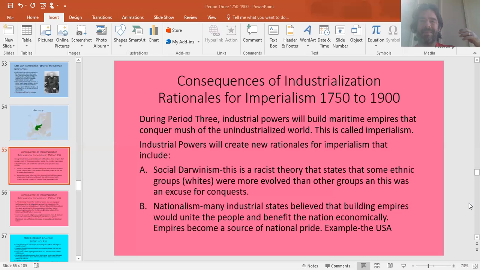So sometimes they built colonies for no real good economic reason, just to be able to say, hey, look at us too. Look at the map. Hey, we're Germany and we have colonies all over the place too. So nationalism is a justification for imperialism because it unites people. The theory would be it economically benefits the ruling nation. And this is also true for Japan and the United States.